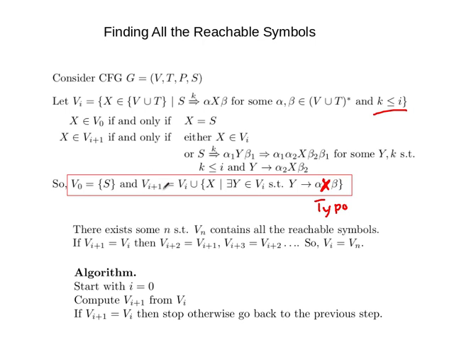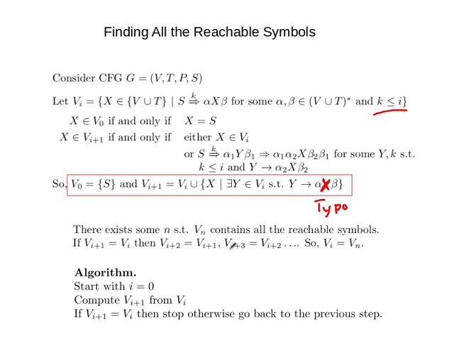So you have this thing, and again, like the previous thing, if at some point you see that you are not getting any new symbols, so your V_(i+1) is exactly equal to V_i, then from this point on, if you just apply this, you get the same thing as this V_(i+1). From again here you get the same thing.